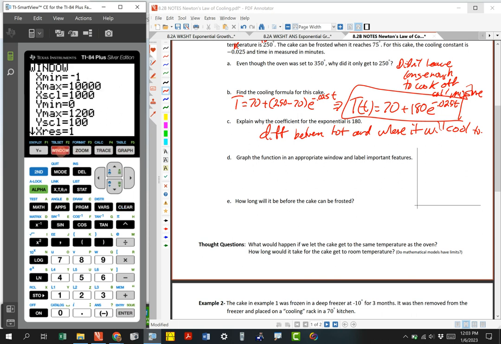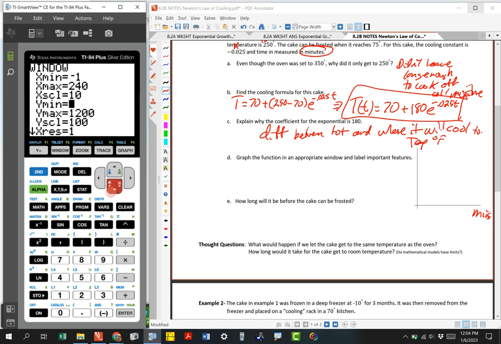And we'll set up the window. So certainly don't need 10,000 on that. I'm going to go -2. And this is in, let's see, what's the time scale for this? That's important. This is in minutes. And that's the temp in degrees Fahrenheit. So let's maybe give it like 4 hours, 240 minutes.